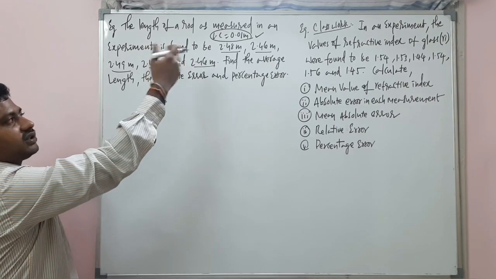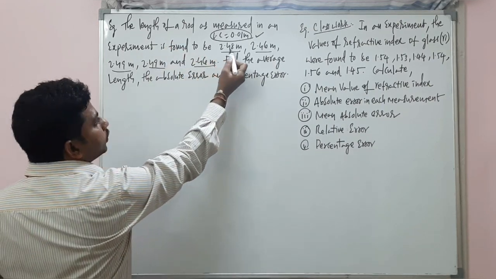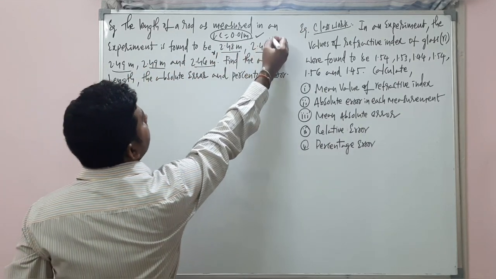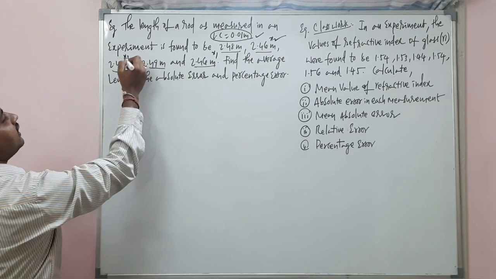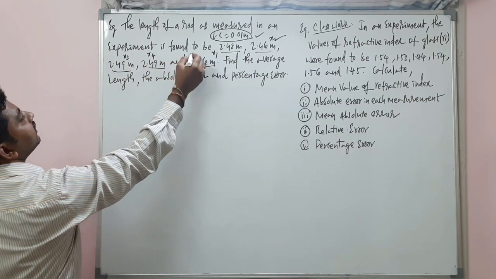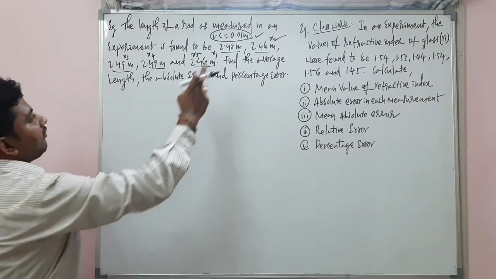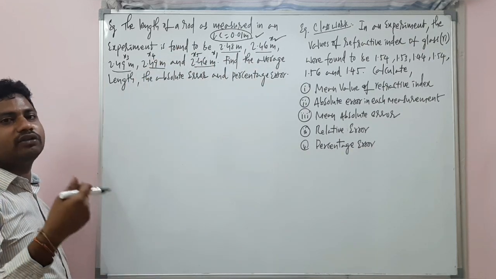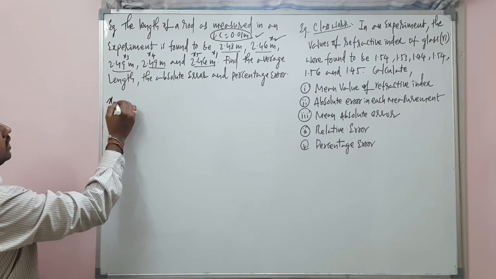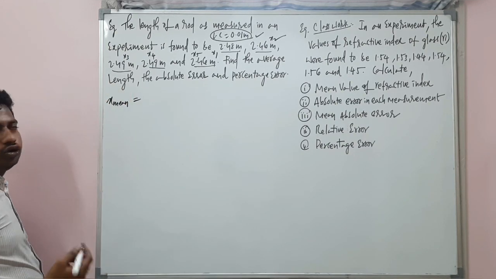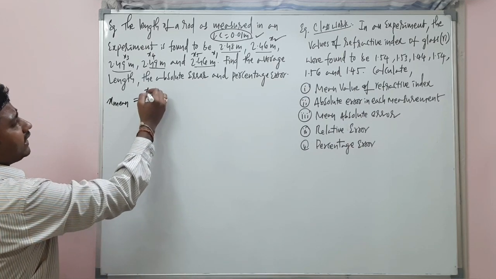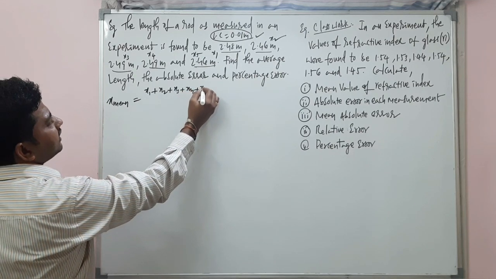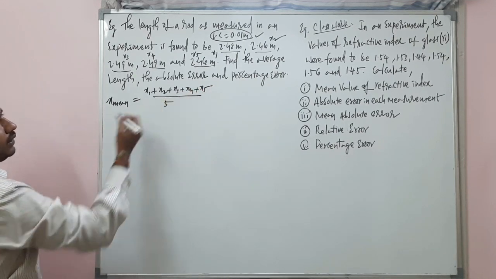Now, the individual measurements are given, so you can consider them as x1, x2, x3, x4, x5. Find the average length. That's called your mean value. How will you find it? x1 plus x2 plus x3 plus x4 plus x5 divided by 5?